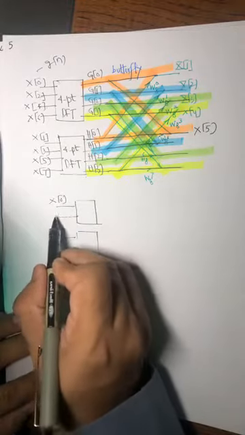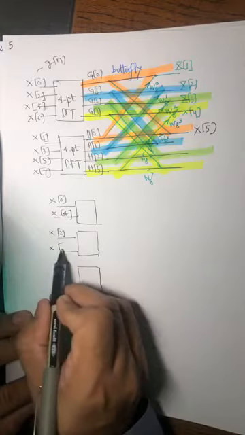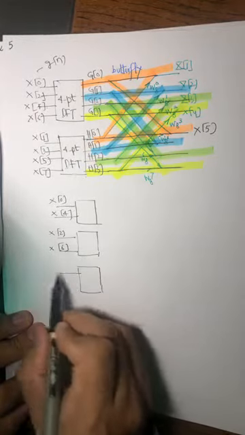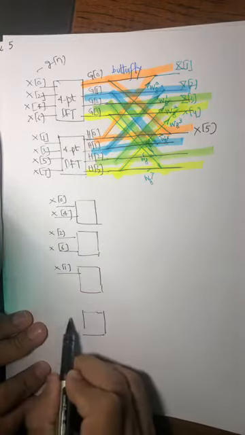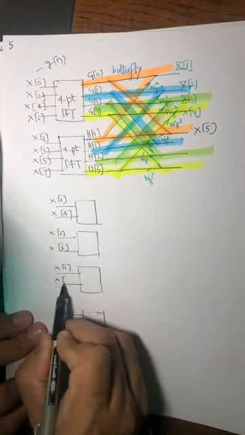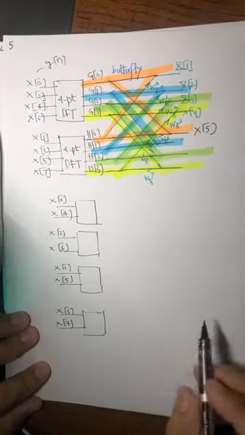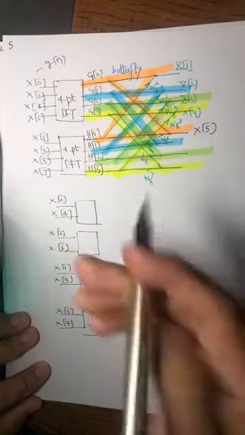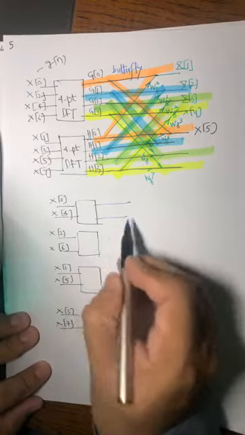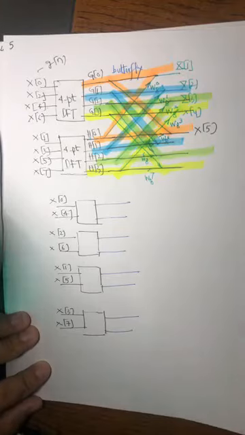Then you give x4 to this one and x6 to this one. And similarly, you give x1 to this one and x3 to this one, x5 to this one and x7 to this one. So calculate 2 points, 2 points, 2 points and 2 points.